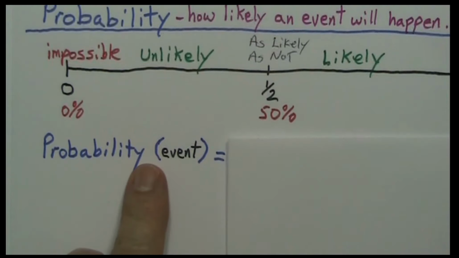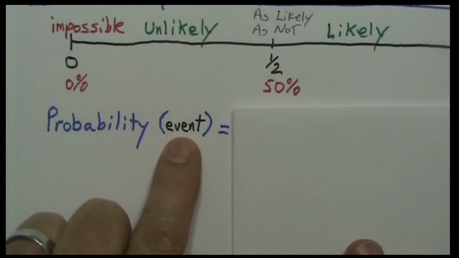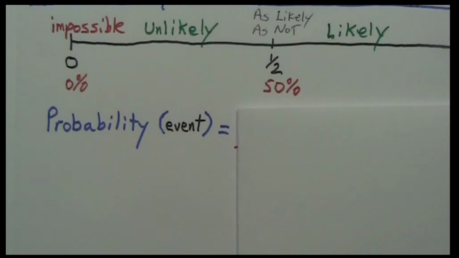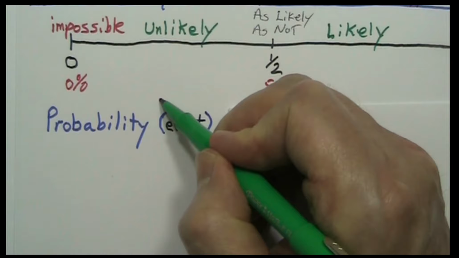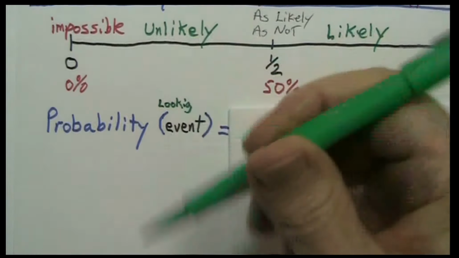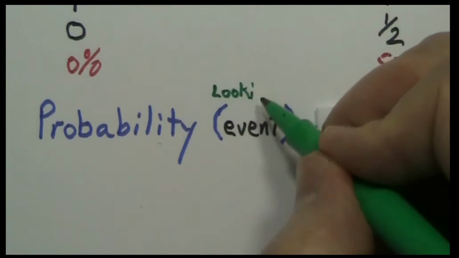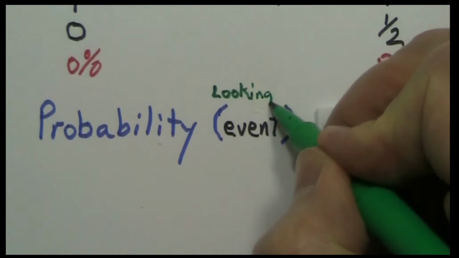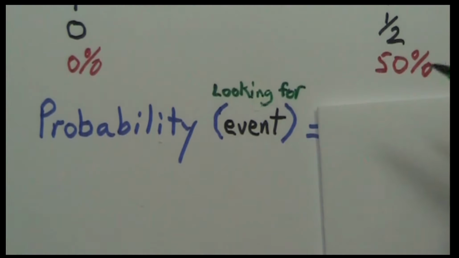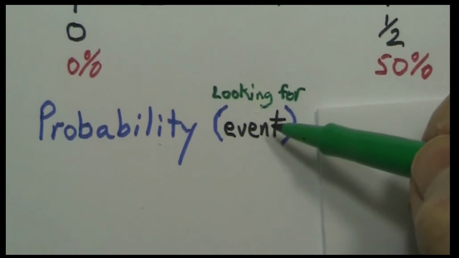If we want to know the probability of something, some event, this is what you're looking for. Think of it that way. So probability of some event, something happening, that's what you're looking for.